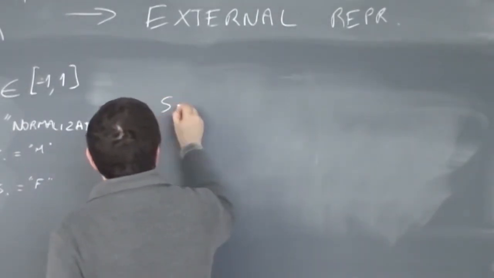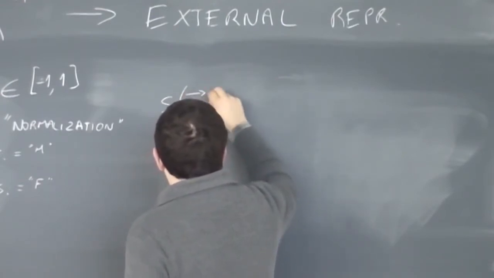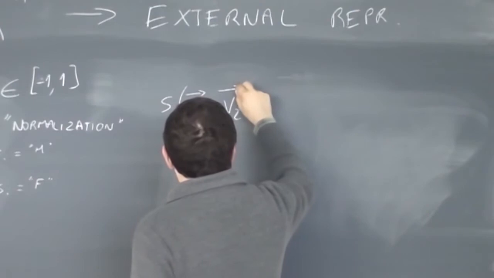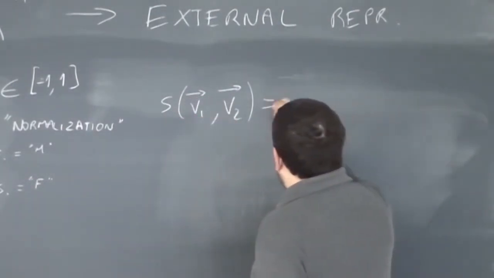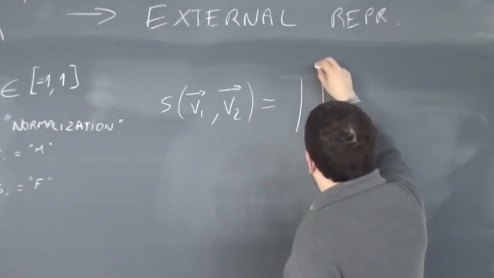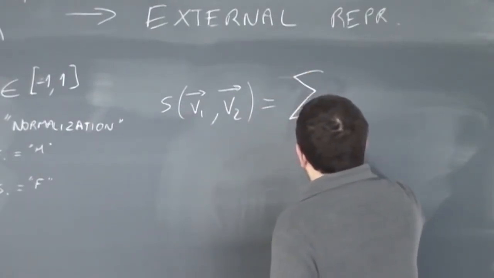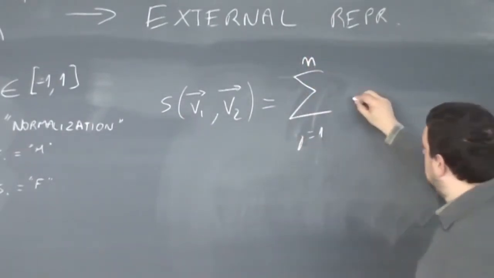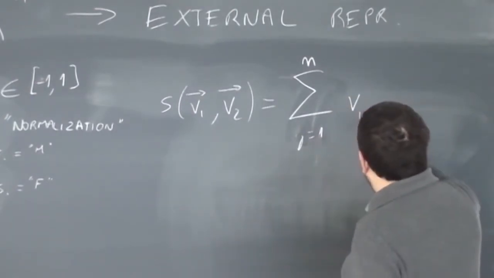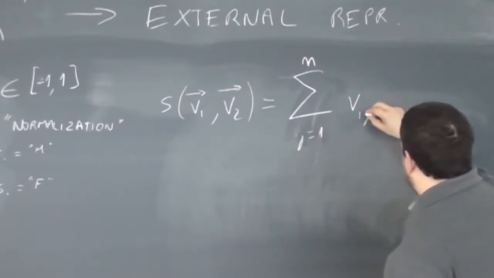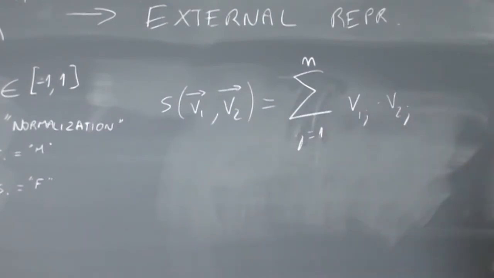And in general, we can define a kind of similarity between two vectors v1 and v2 in this representation to be the sum for all features of the product of the jth feature of the first person and the jth feature of the second person.